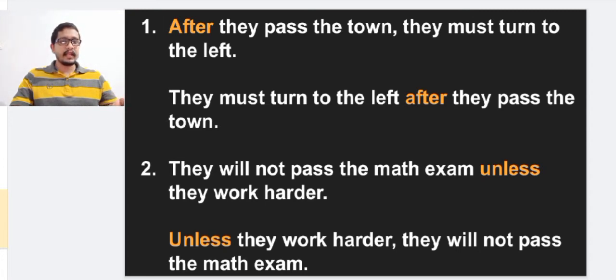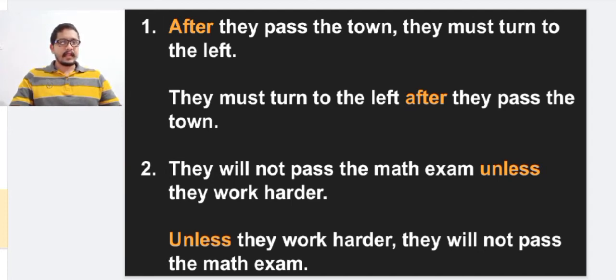If we use the independent clause first, then no comma after "they pass the town." So then the conjunction comes in between two clauses. So if we use the dependent clause first, we use a comma after the dependent clause, then we use the independent clause.